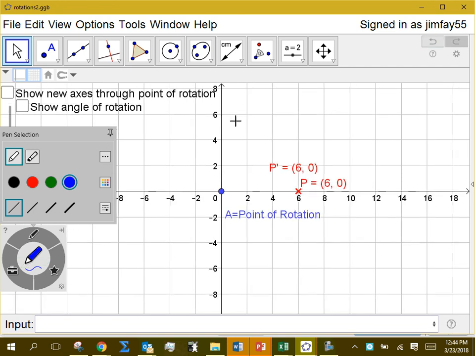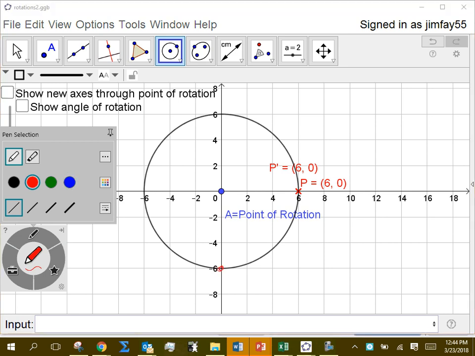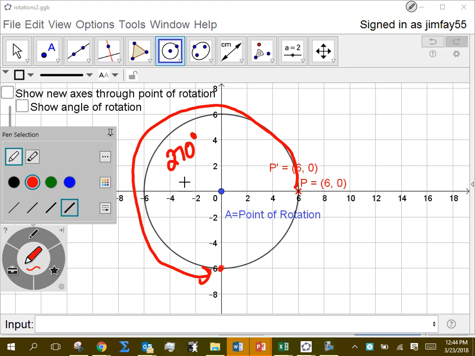If I think about the circle that is going through there, and I want to rotate that thing so that it gets to here, I could rotate that many degrees. That's a terrible circle. But I could rotate that many degrees that direction, right? That's 270 degrees counterclockwise.